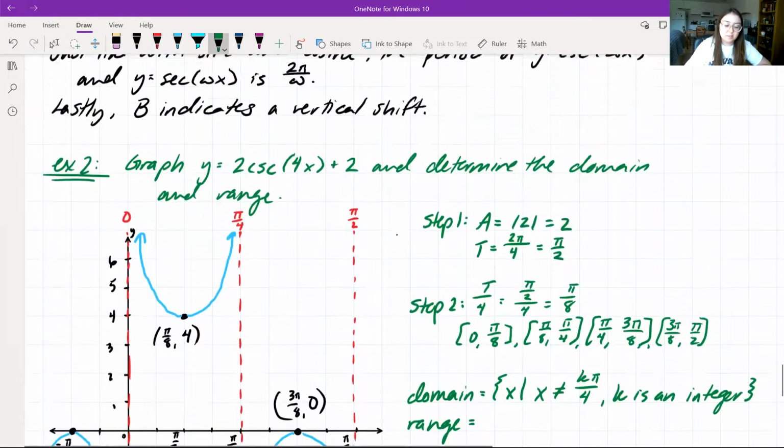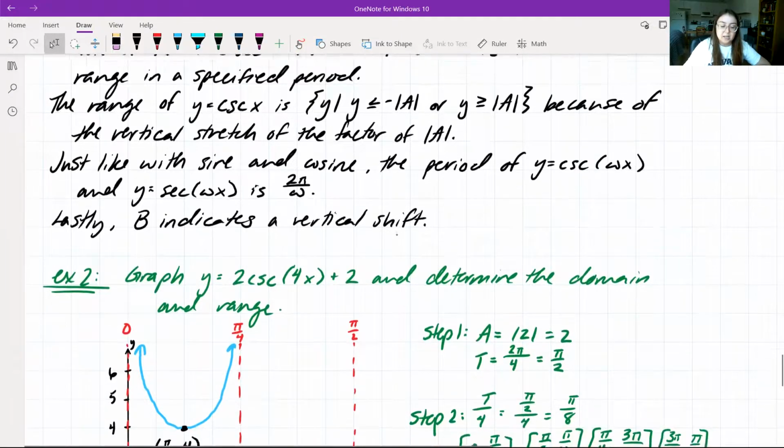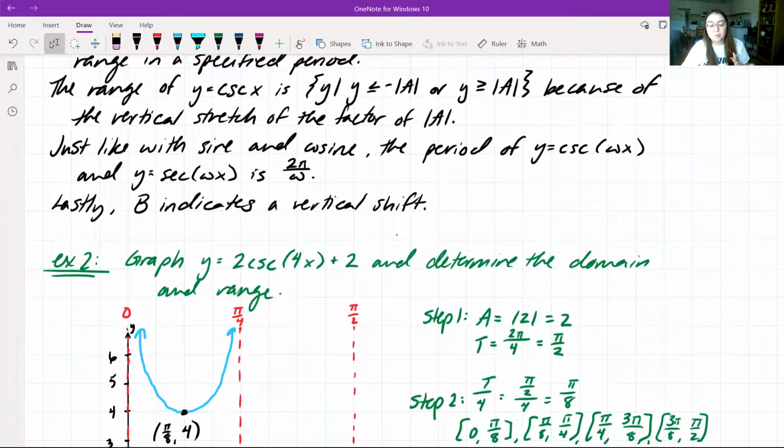Then the range. This is what we talked about earlier, where we say that the role of a in our cosecant function was to help us set the range. So the range in y is equal to cosecant is y, where y is less than or equal to the negative absolute value of a, or y is greater than or equal to the absolute value of a. So this would normally give us our range, but we did have a vertical shift.